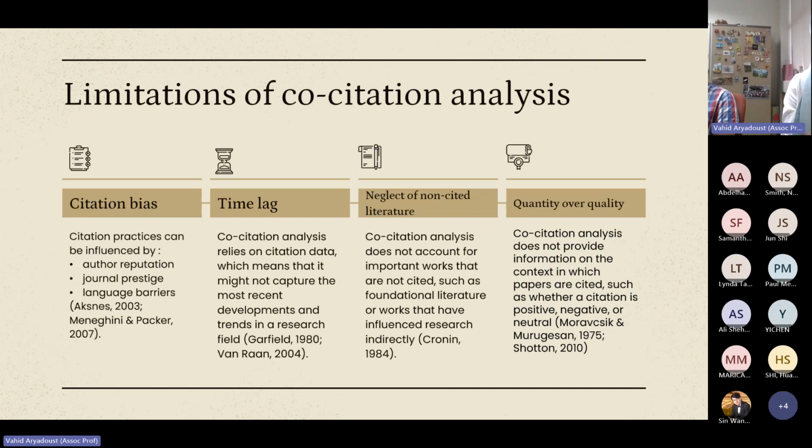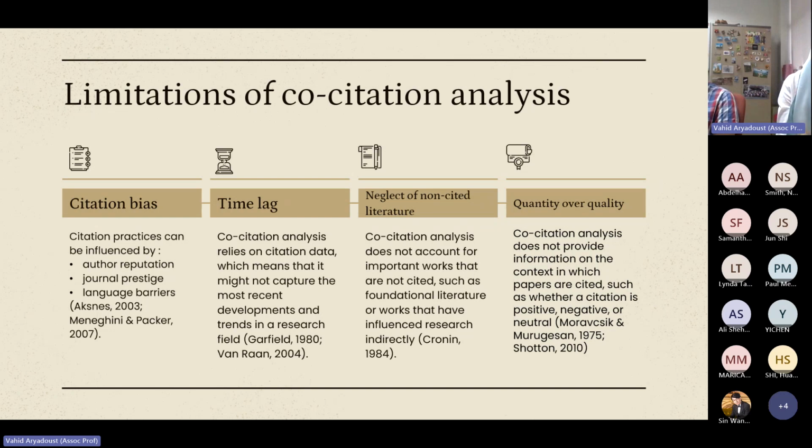The other thing is that, of course, we all know how people behave. Citation bias: citation practices are influenced by things like journal prestige, author reputation, and language barriers, and the last one especially is very concerning for equity. But we are also guilty of that.